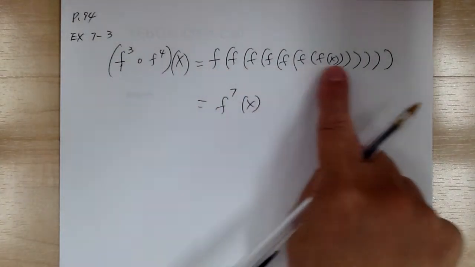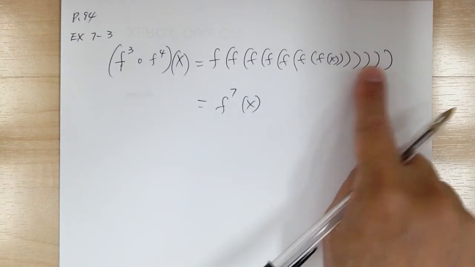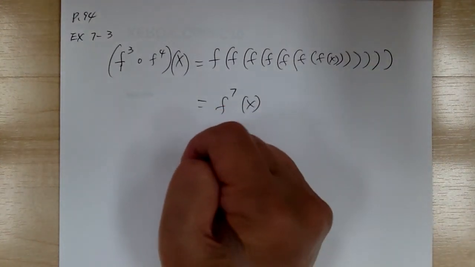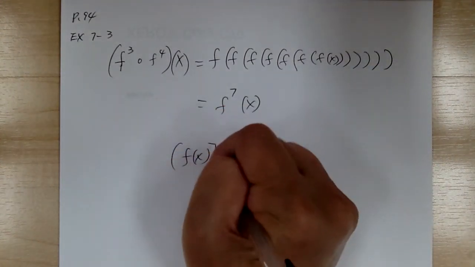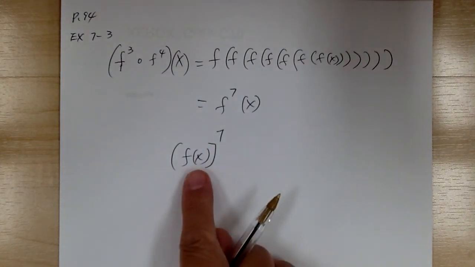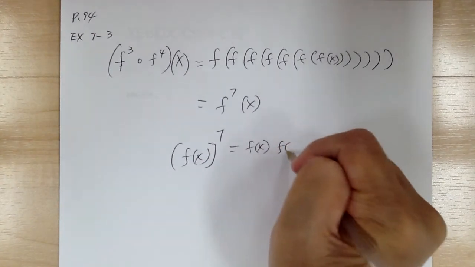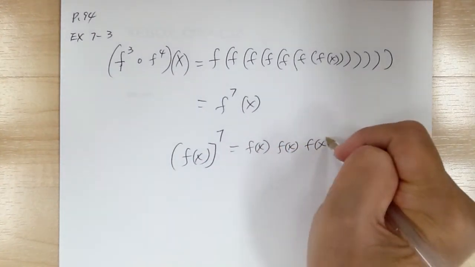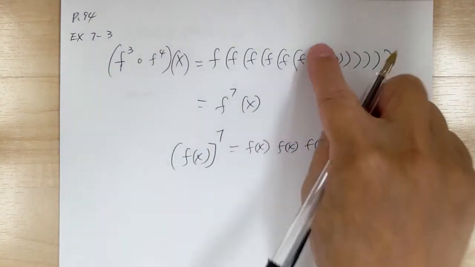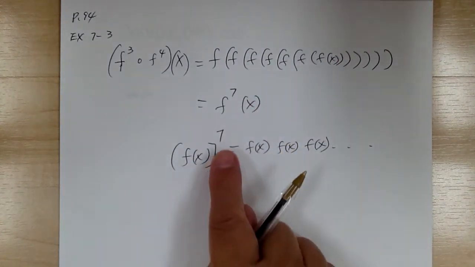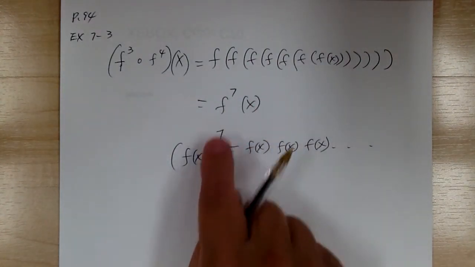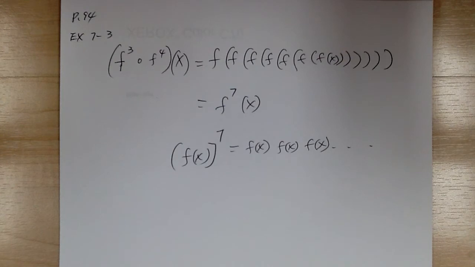This is not equal to f of x to the 7th power. Okay, f of x to the 7th power is equal to f of x times f of x times f of x dot dot dot. So these are not the same thing. So you've got to be careful. Okay, make sure you understand what that means.